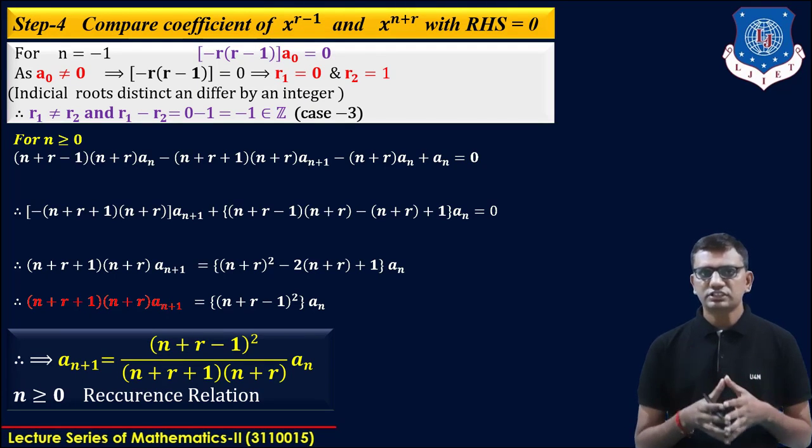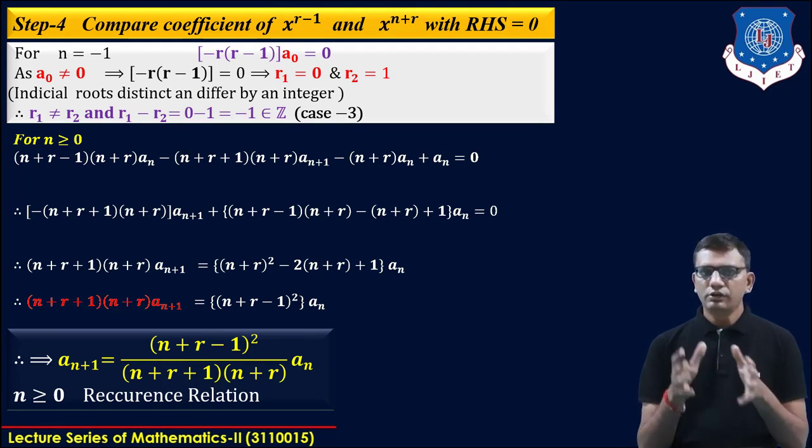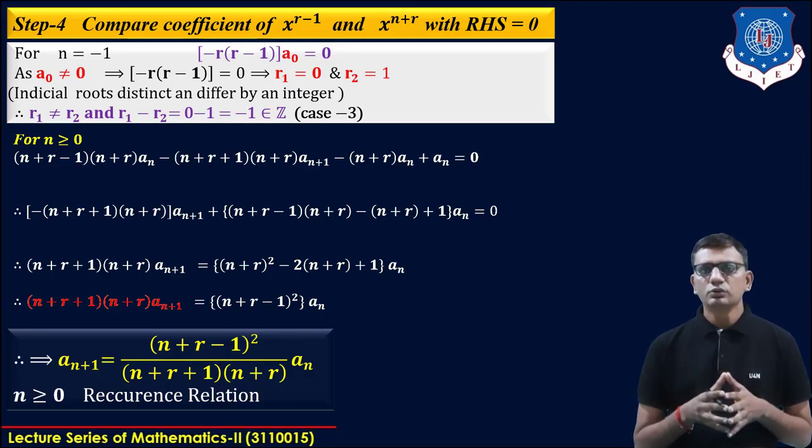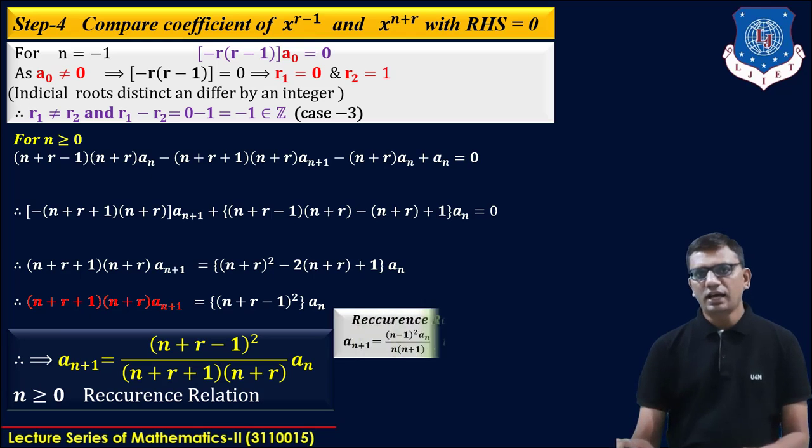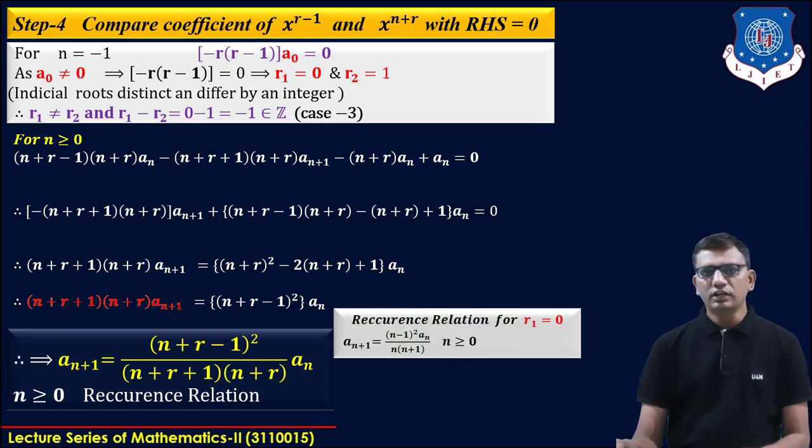This recurrence relation depends on the value of r and it is valid for n greater than or equal to 0. Here we have two different values of r, r equal to 0 and r equal to 1. For r equal to 0, we have the recurrence relation a(n+1) equal to (n minus 1) whole square an upon n into (n plus 1), and it is also valid for n greater than or equal to 0.